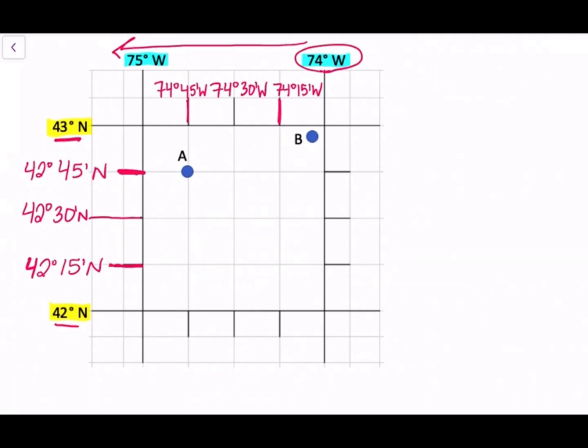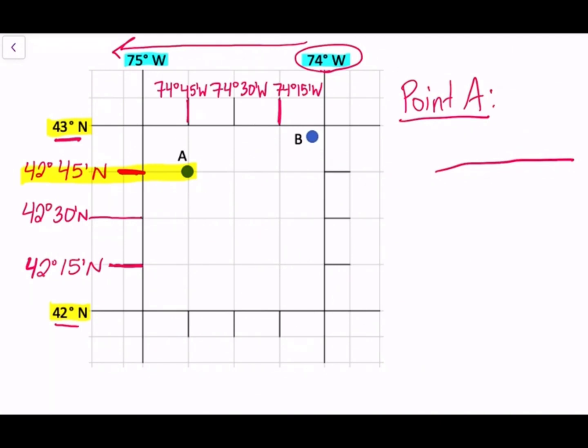Now that I've added these labels, let's try to write the coordinates for point A and point B. We'll start with point A. Point A, remember when writing latitude and longitude, we write the latitude first, then the longitude. I'm looking at point A. The latitude is across.